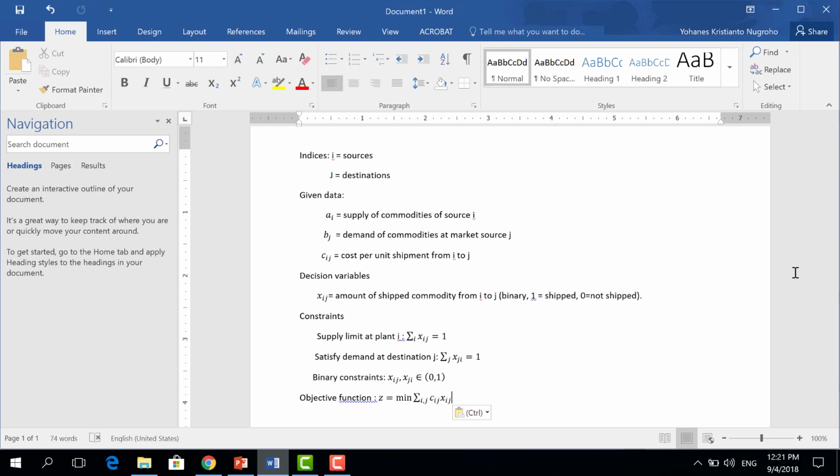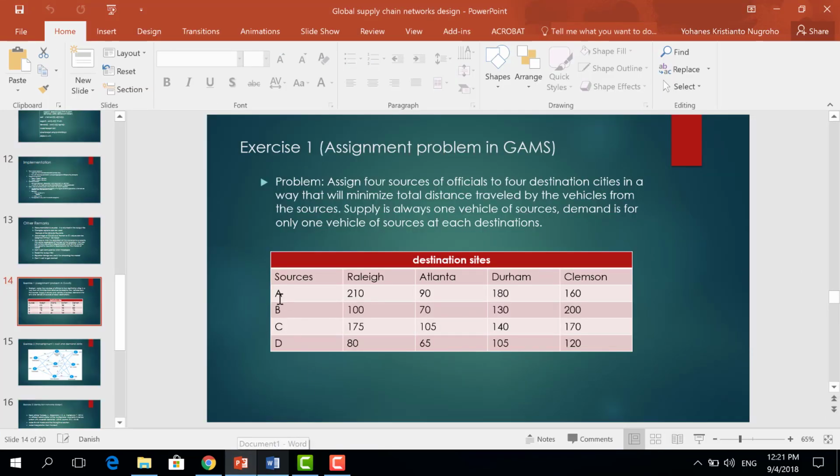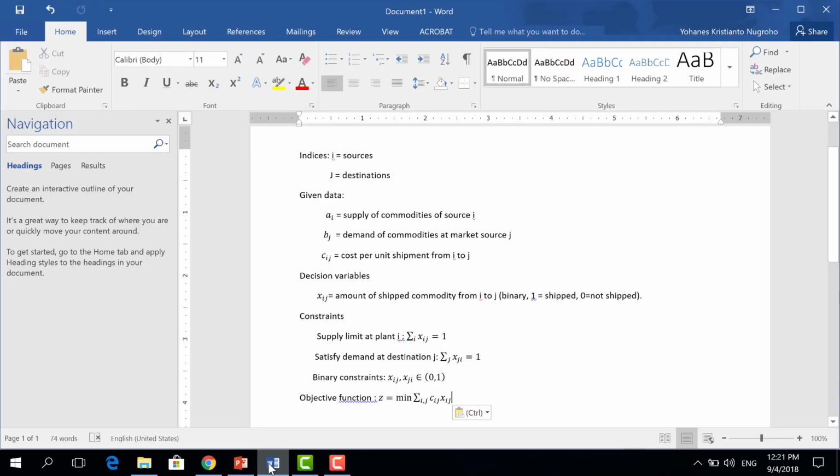It means from the sources, for instance, to Raleigh. For instance, from A to Raleigh, we have 210 as CIJ. I stands for A and J stands for Raleigh. And we have decision variables.